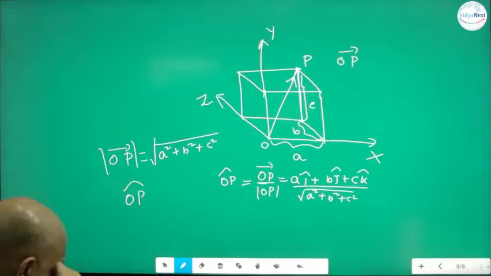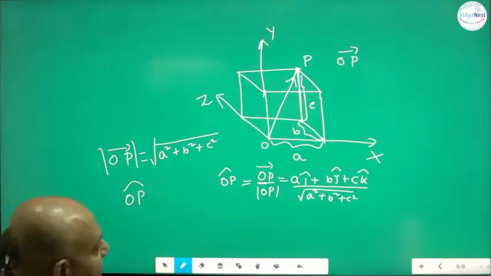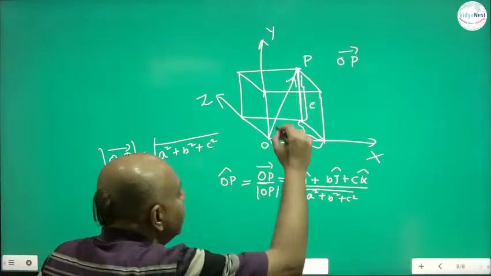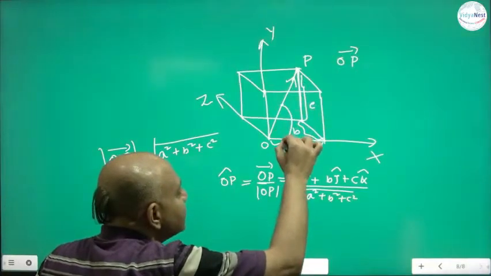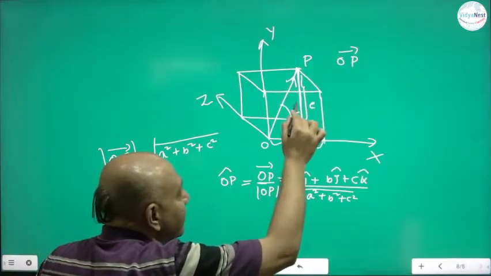Okay, now, Saurabh, you can see the vector OP is creating some angle with the x-axis. It is also creating some angle with the y-axis. It is also creating some angle with the z-axis. Can you see? This is the angle it is creating with the x-axis, suppose alpha.